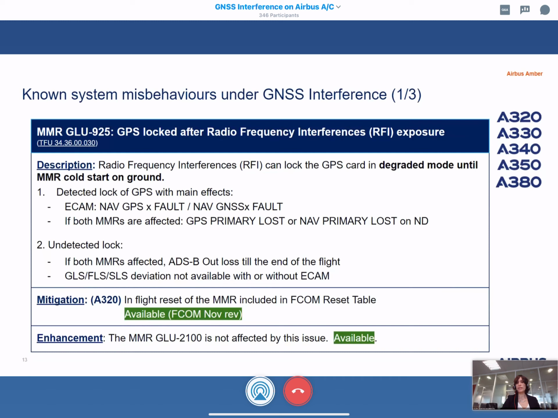Please note there is currently a study to maybe include a cockpit circuit breaker in the A380 family. Depending on the study outputs, it could be considered for other aircraft types. For this issue, we have an enhancement of the MMR, that is the new DLU 2100, that is not affected by this issue and is currently available.